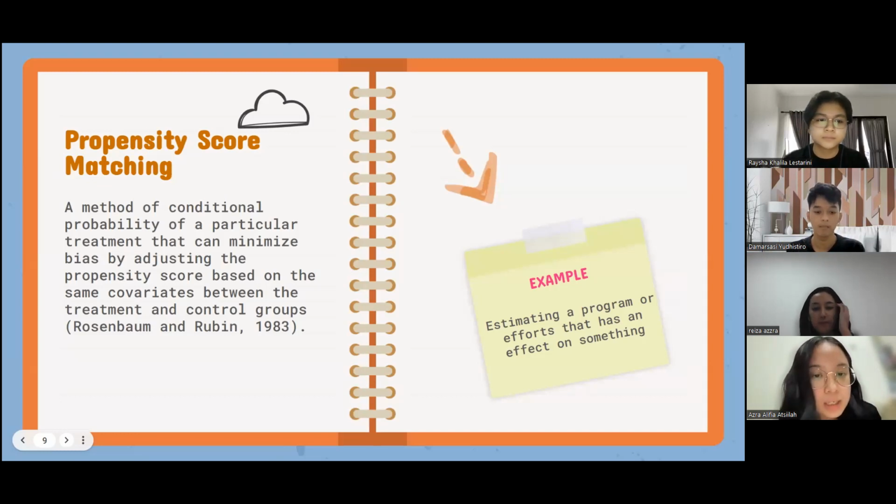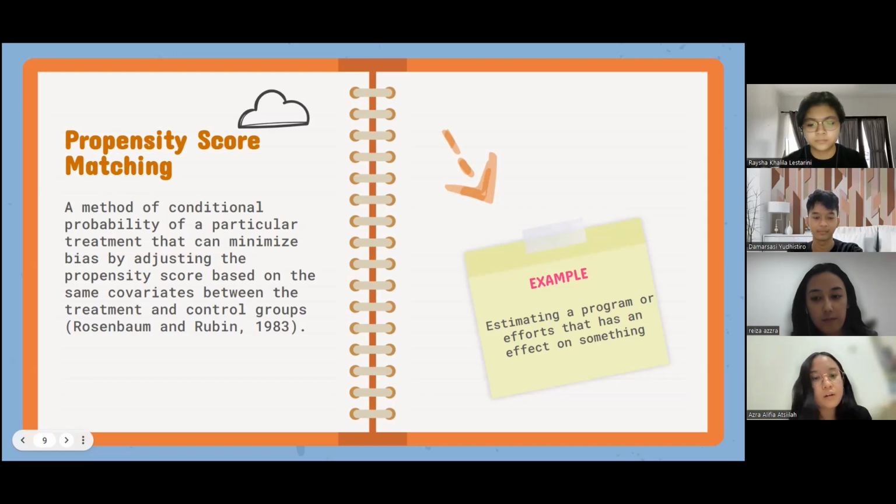In short, it is a method carried out by balancing groups of research subjects with the matching method. An example is estimating the effects of a training program on job performance or the effects of a government program targeted at helping particular schools. Next slide, please.